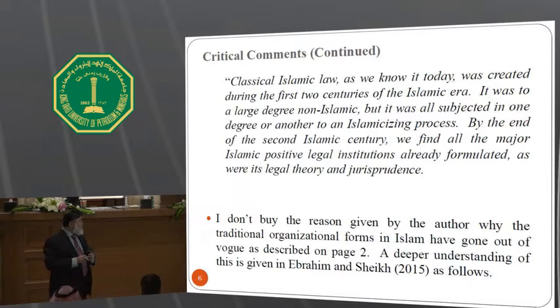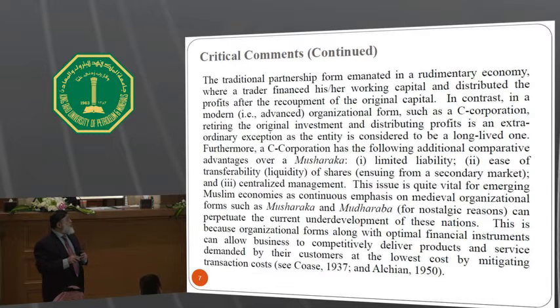Second issue is, I don't buy the reason given by the author why the traditional organizational forms in Islam have gone out of vogue, as described on page 2. A deeper understanding is given in one of my papers, a 2015 paper, as follows. The traditional partnership form emanated in a rudimentary economy where a trader financed his or her working capital and distributed the profits after a recoupment of the original capital.